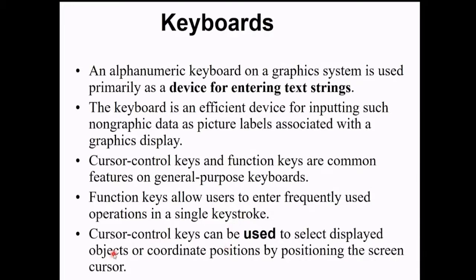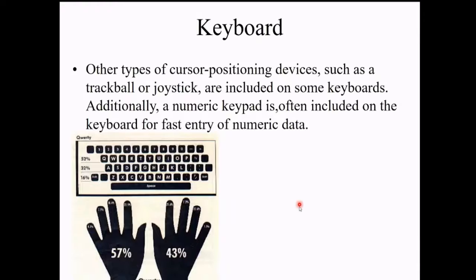Cursor control keys can be used to select a displayed object or coordinate position by positioning the screen cursor. Some advanced keyboards have cursor control installed in the keyboard itself, and you can use it to get a particular position or pixel on the monitor. Very simple. This is how a keyboard looks.